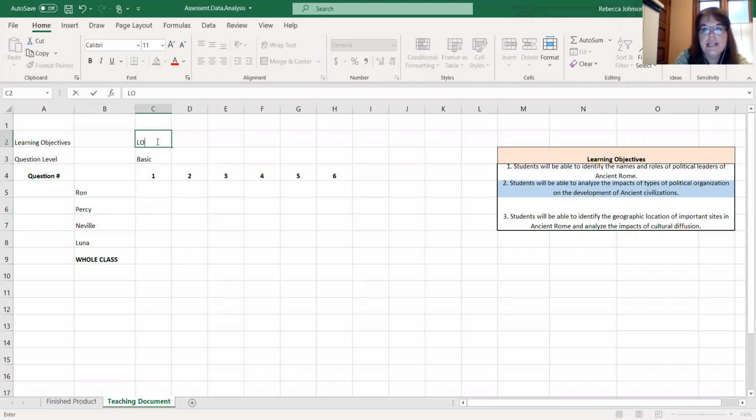And that was connected to my learning objective 2, which is political organization.